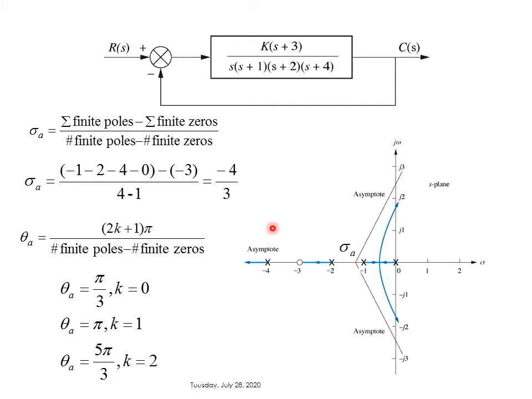Once we have the asymptotic lines, what do we do? You know that one pole at -2 goes to the zero at -3. So what about the other 3 poles? The one at -4 is trivial; it is quite evident that it will go toward minus infinity. As for the poles at 0 and -1, one of the other rules is that the root locus sketch needs to be symmetric.